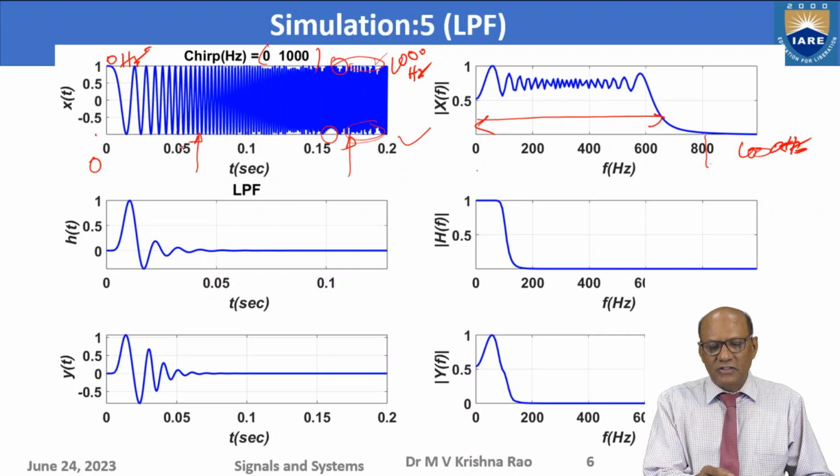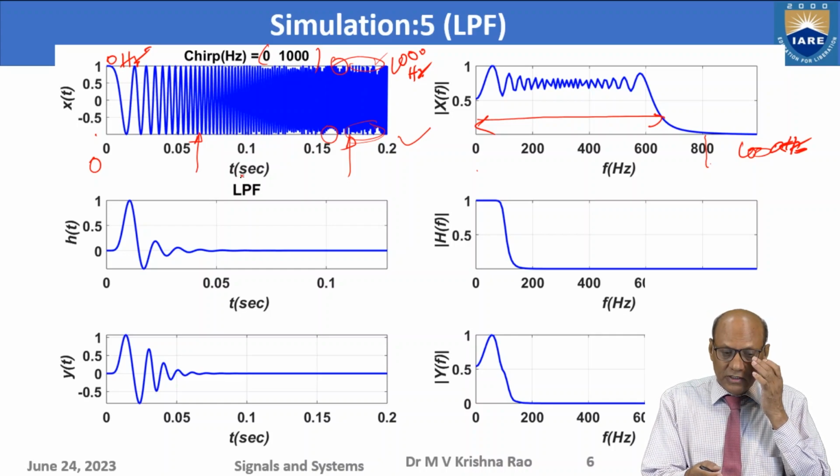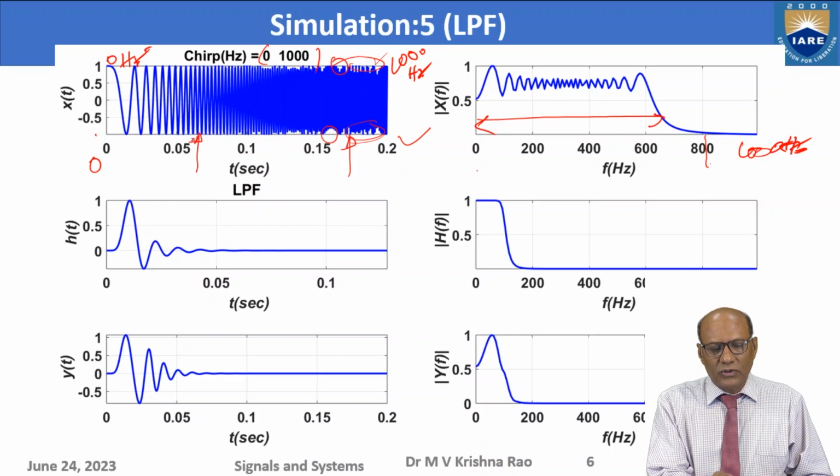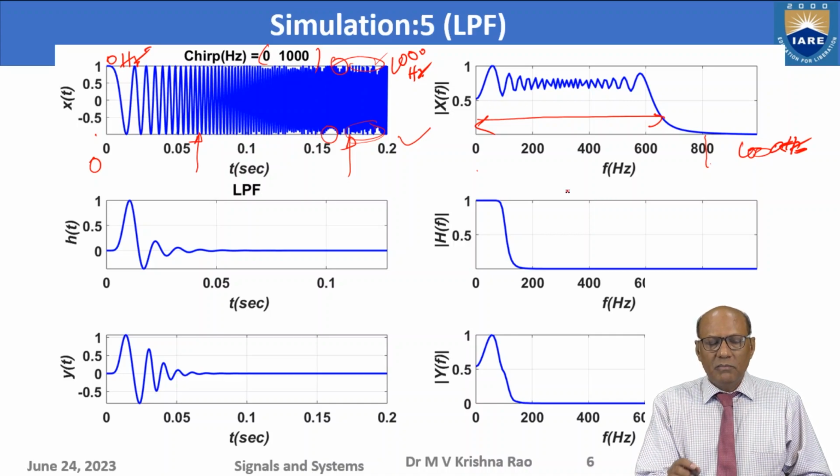Continuously changing means phase is also changing and frequency is changing. Because of that continuous change, you will find this kind of complex spectrum. You can say it is a very wide band spectrum, very wide compared to any previous signals which we have seen.